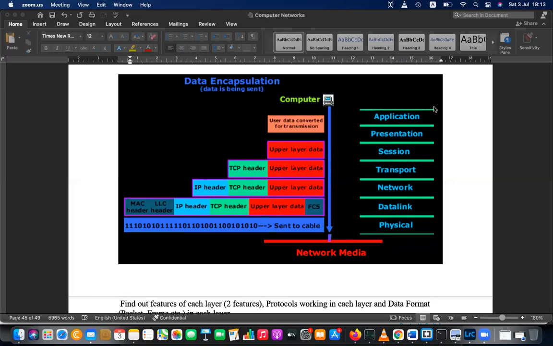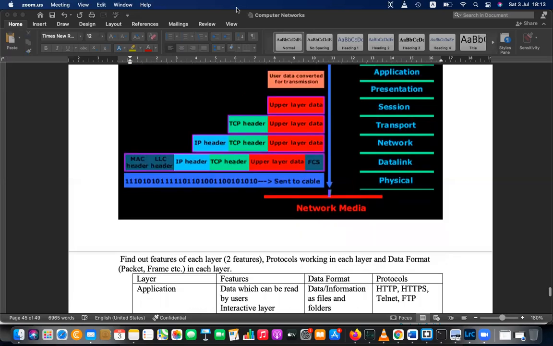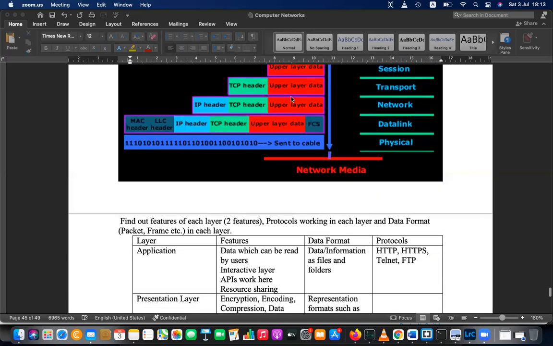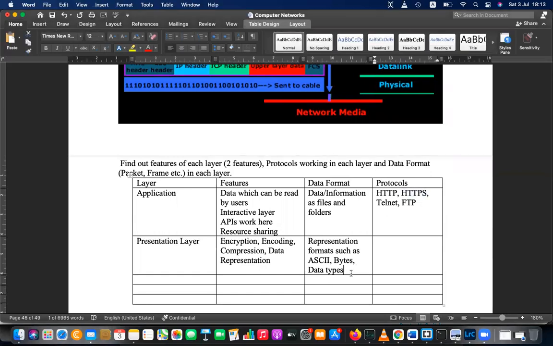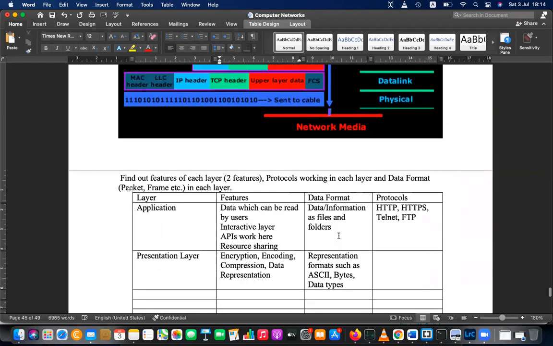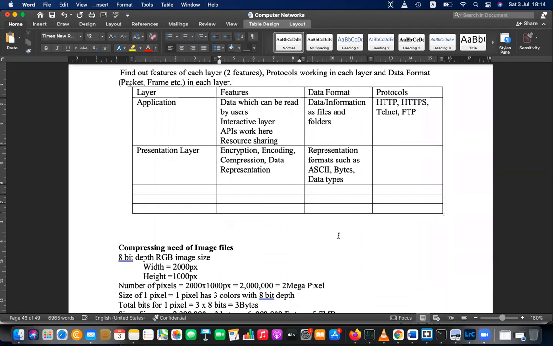And the presentation and application layers we learned last day. In the presentation and application layers, application layer protocols are working, and data representation, encryption, and compression are working in the top layer.